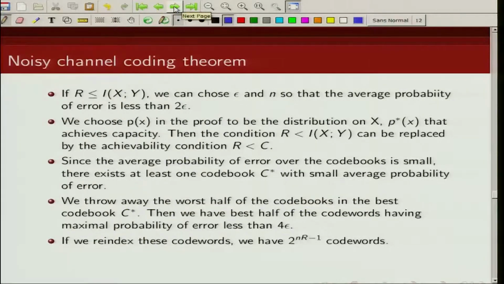Now since we have thrown away half of the code words, we can re-index them, and now we have 2 raised to the power nR divided by 2, that is 2 raised to the power nR minus 1 code words.